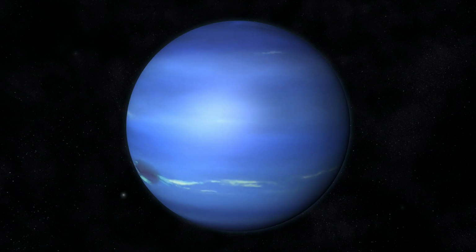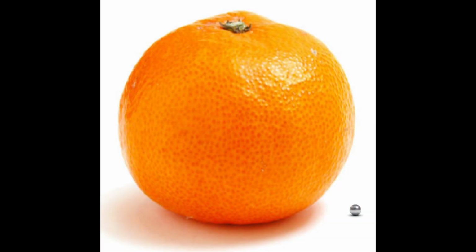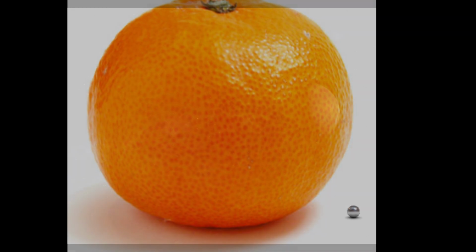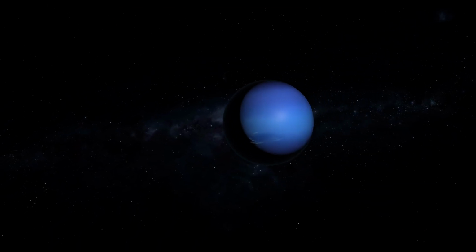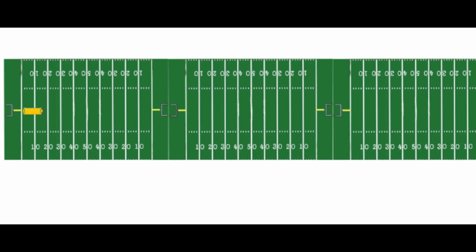Now, how far do you think Neptune, the outermost planet in our solar system, would be from the orange-sized Sun? By the way, compared to the Sun, Neptune would be about the size of that BB pellet there at the right. Well, it will need to be more than 1,000 feet from the orange, as Neptune is almost 3 billion miles from the Sun. Here you see 3 football fields, end to end, and our school bus, parked there at the left goal line of the left field.